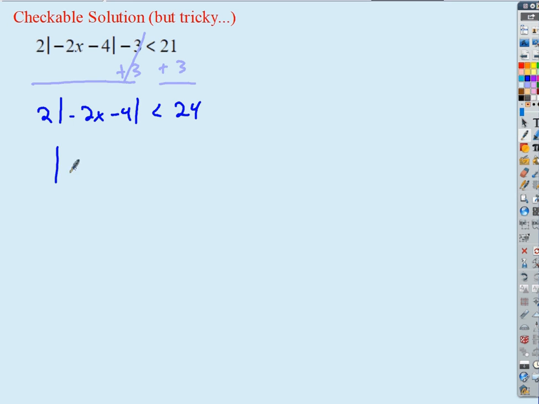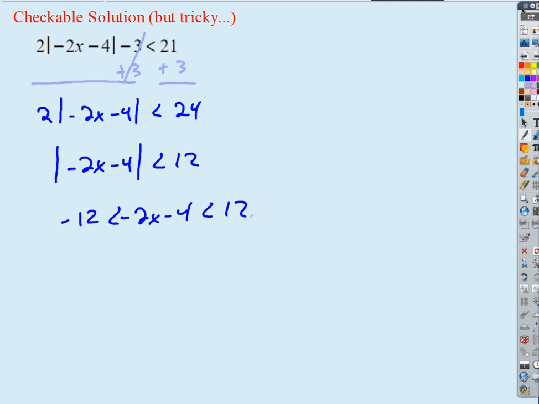Everybody agree I get the absolute value of negative 2x minus 4 is less than 12? Okay. So what does that become as a compound inequality? It's greater than negative 12. Okay, good. Let's say it that way. Greater than negative 12 and less than 12. That's an and, right? Compound inequality.